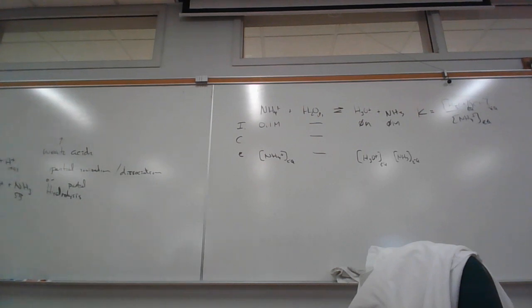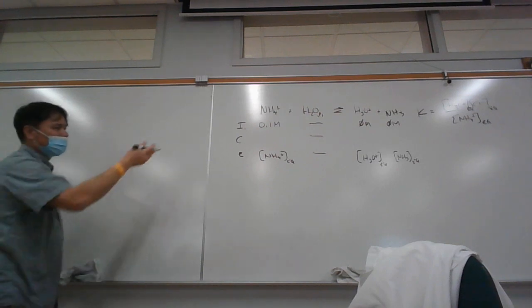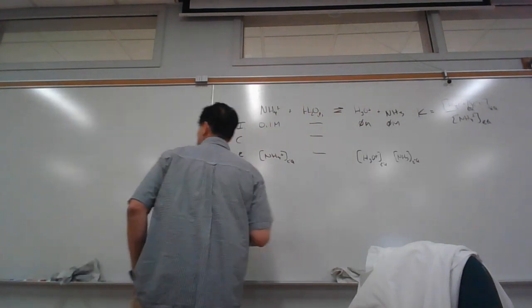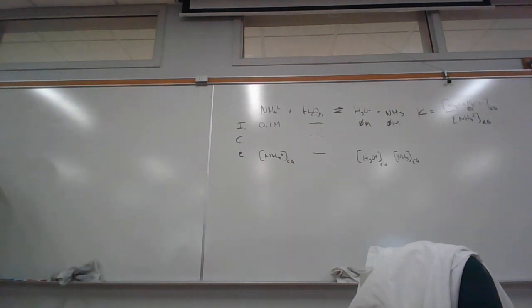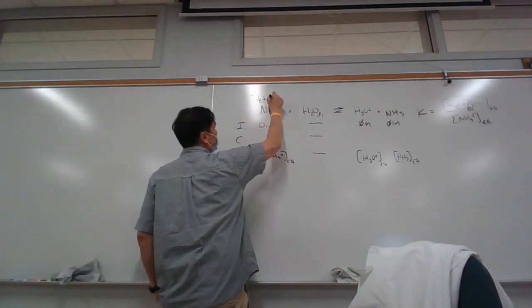And this is how we're going to do it. At least we can measure one of those pretty easily, hydronium. We're going to use a pH meter to do this. And so the first part of the lab is determining K experimentally.